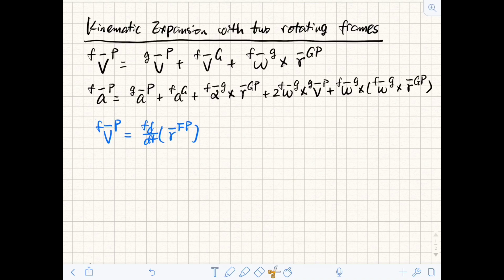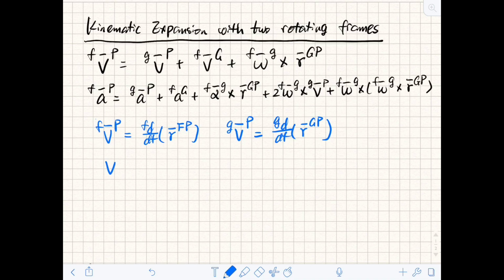to the point P. So essentially for the second term, when we say we're finding the velocity of point P in G, what we're really doing is finding the velocity or time derivative of that position vector from G to P. Notice that G would be fixed in the G frame, while P is the point that you're trying to find the velocity for.